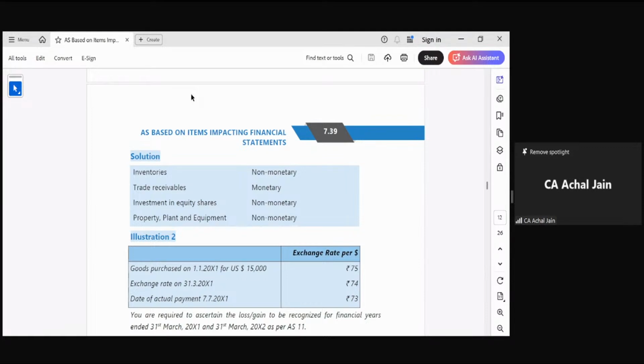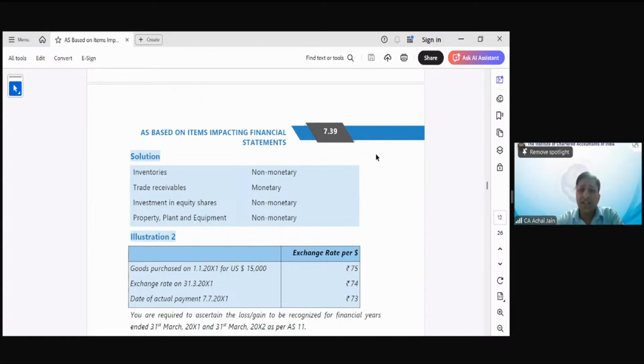Over to you quickly. Can you tell me how do you record these transactions? How do you record this transaction? So when the goods are purchased, what is the accounting entry you'll pass?